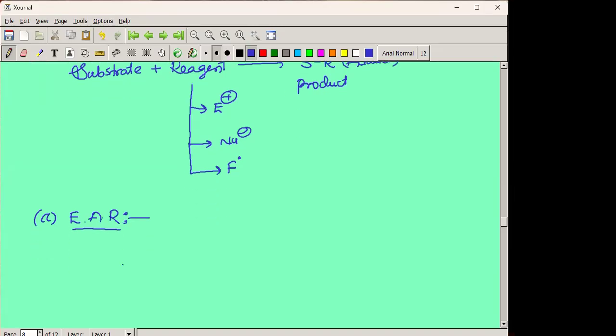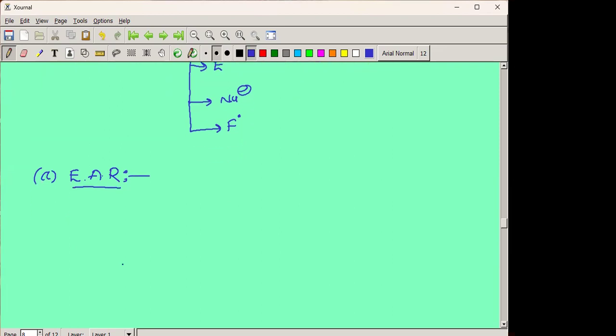In electrophilic addition reactions, the reagent is an electrophile, a positively charged species. The first one is the substrate; to the substrate we add an electrophilic reagent.